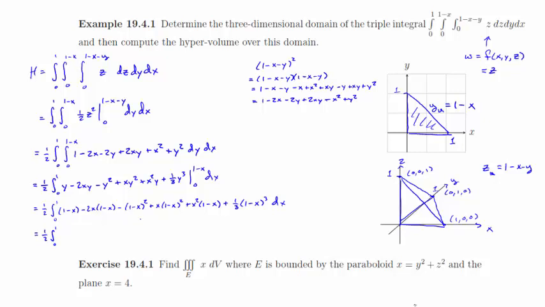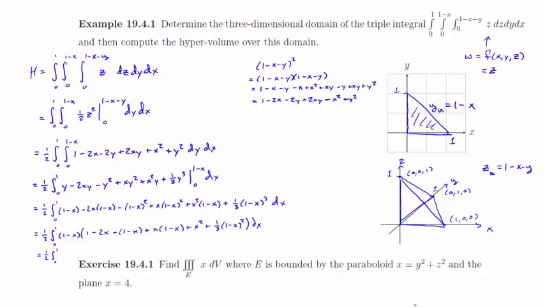So let's see, if I factor out a 1 minus x from absolutely everything, I'm left with 1 minus 2x minus 1 minus x plus x times 1 minus x plus x squared plus 1/3 times 1 minus x squared dx. And then inside here I want to combine like terms. So here I get equals 1/2 times the integral from 0 to 1.